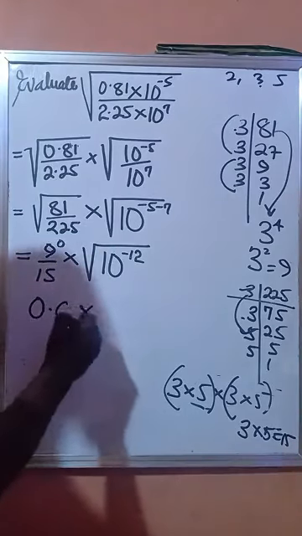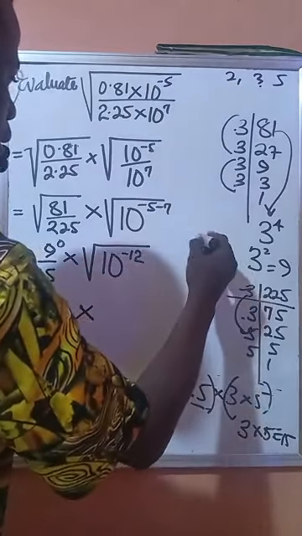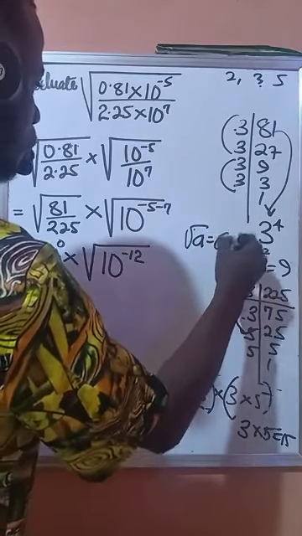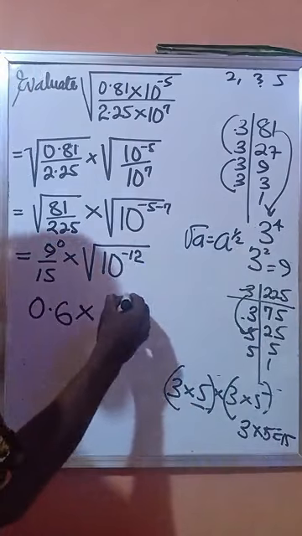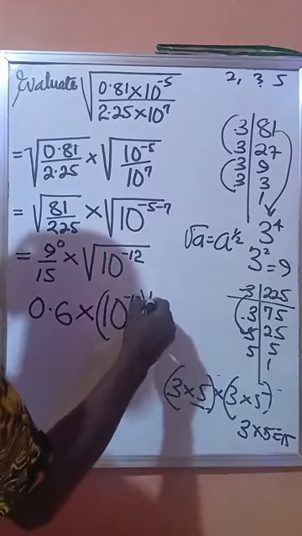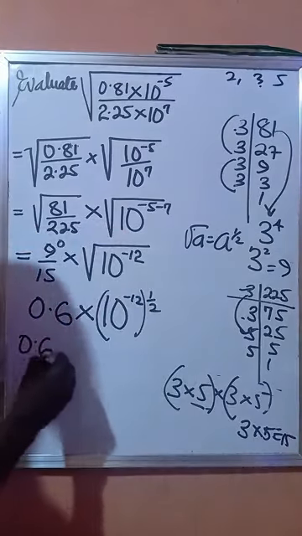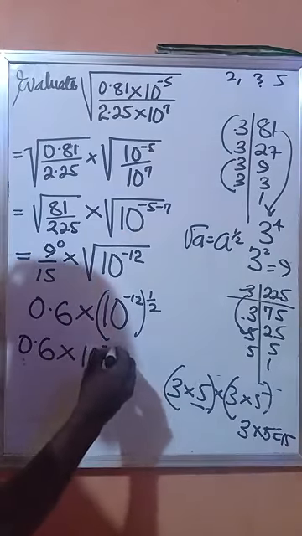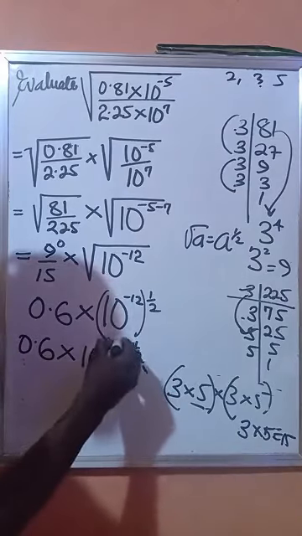So times. Now, from indices, square root of a is written as a raised to the power 1 over 2. So we can write this as 10 raised to the power minus 12 raised to the power 1 over 2, which we write as 0.6 times 10 raised to the power minus 12 times 1 over 2. 2 here, 1, 2 here is 6.